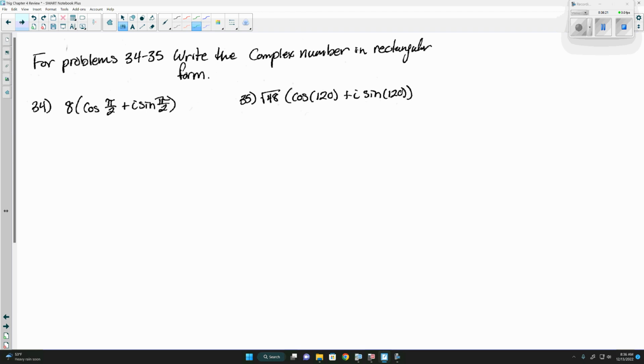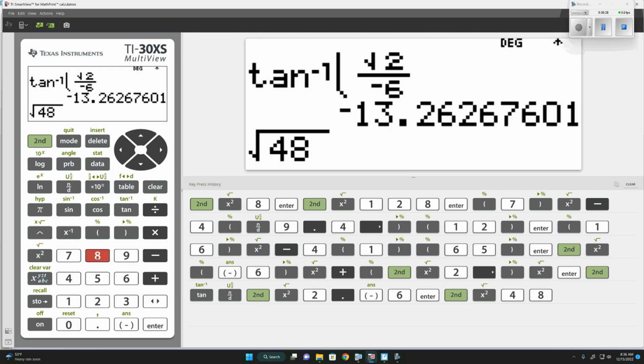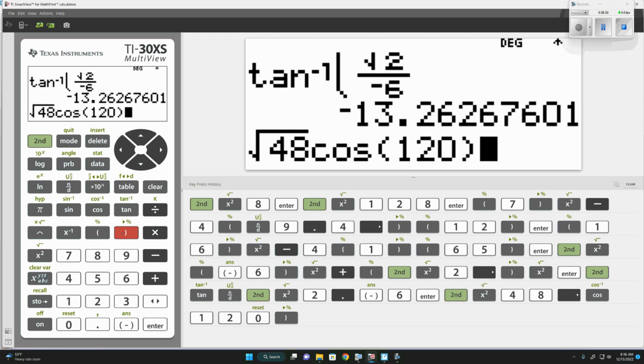Square root of 48 is probably not going to be a nice number, but the graphing or the yellow calculator is going to be nice. You make sure that you have it in the correct mode.